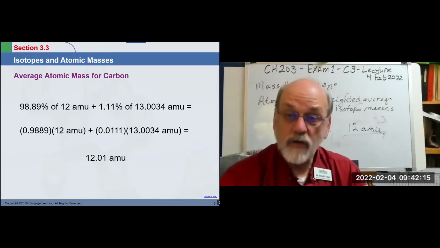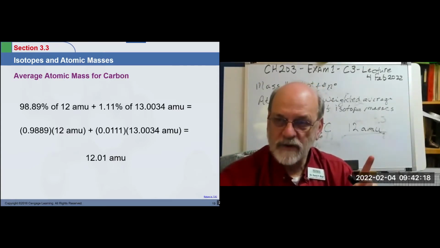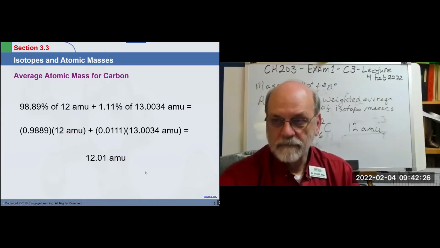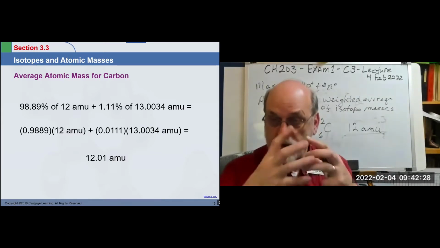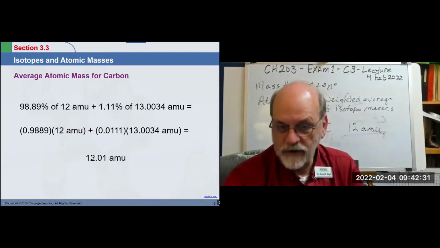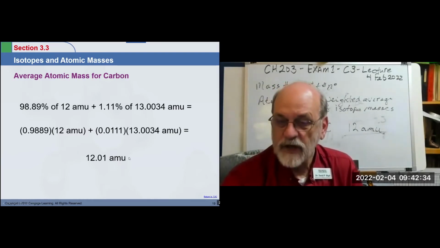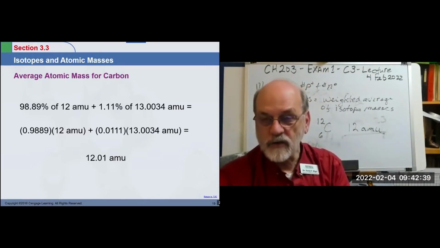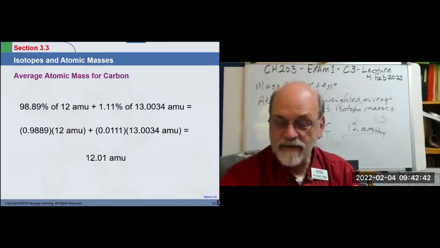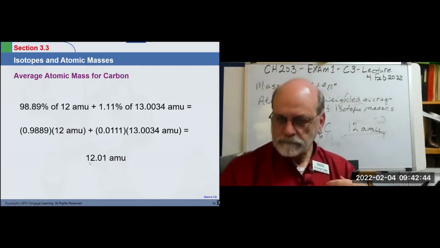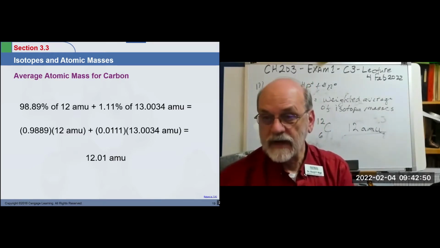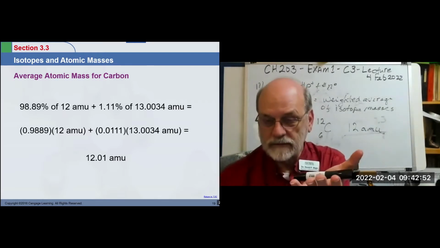Now, are you going to find a single isotope with this atomic mass unit attached to it? No. It's a weighted average of a group of atoms. So this is not applicable to a single atom, but it is useful when you're talking about naturally occurring carbon, because now we have a value that we can assign as an average amount to all of the atoms in this natural sample.